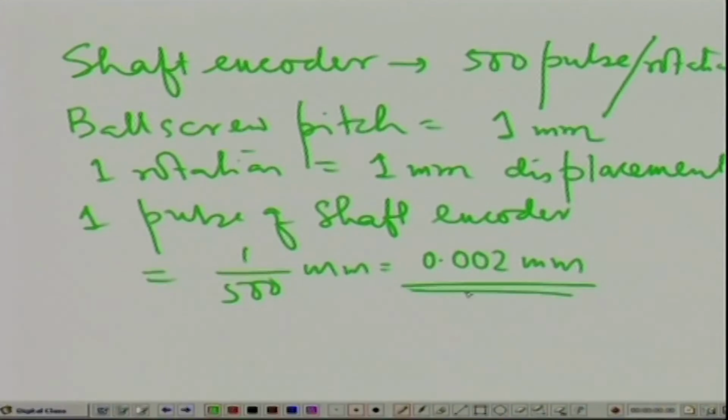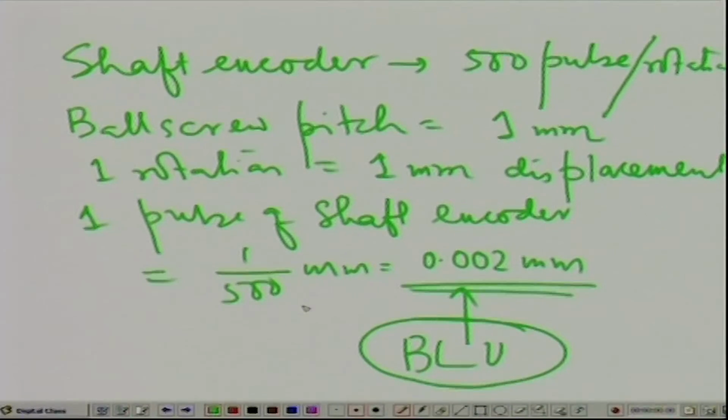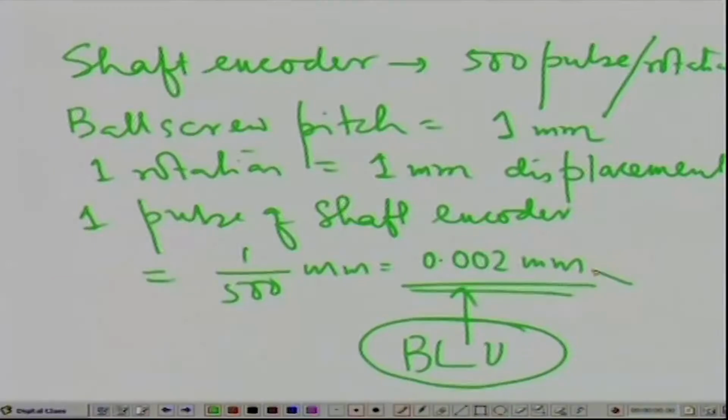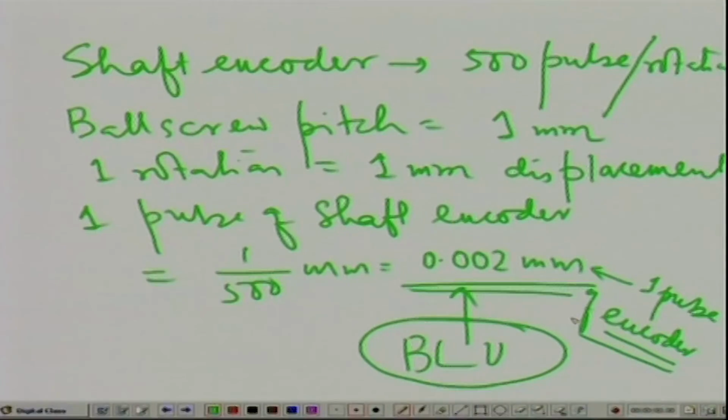This is the basic length unit. This is the smallest displacement that the machine can be aware of, because this will be 1 pulse of the encoder. So all these are generally stated in terms of the basic length unit.